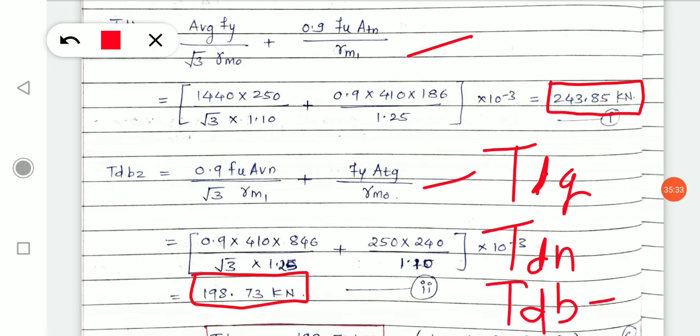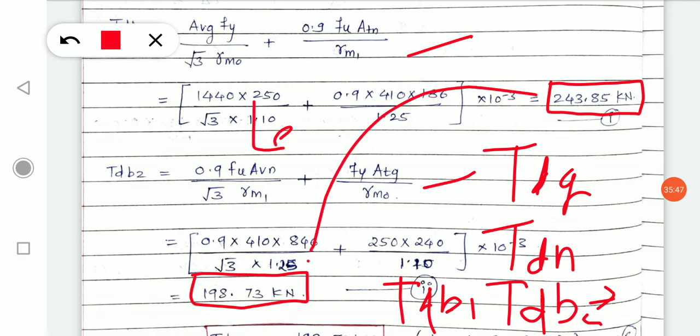Now the question is, here we have two formulas, TDB1 and TDB2. So you should consider the least of these two values as your block shear strength.